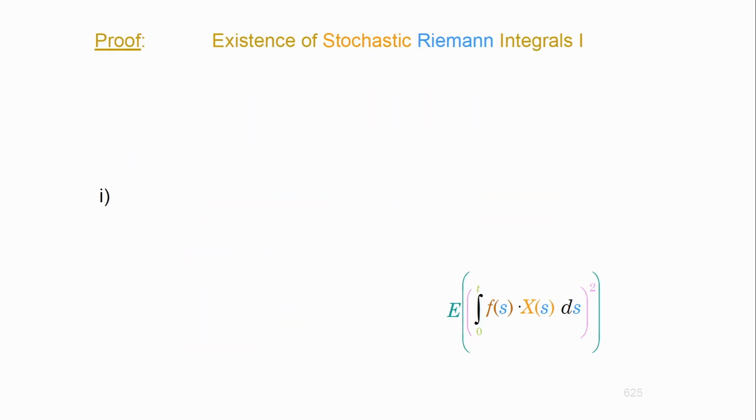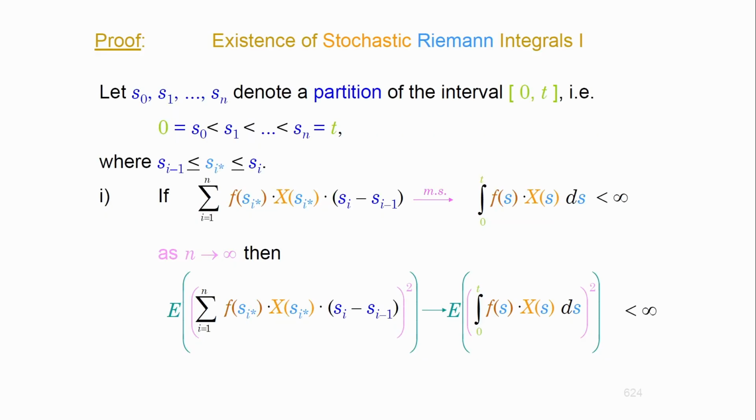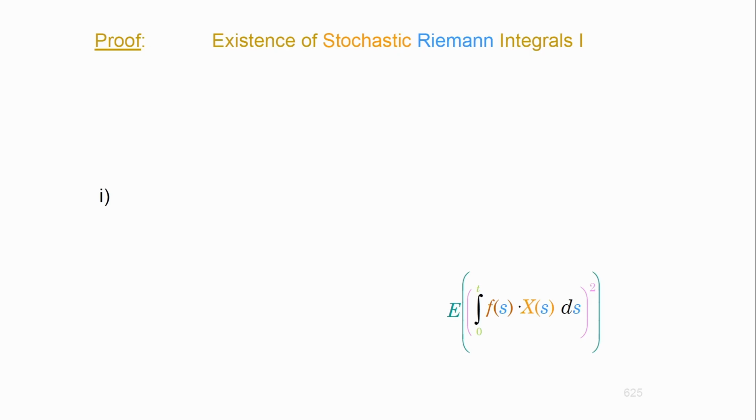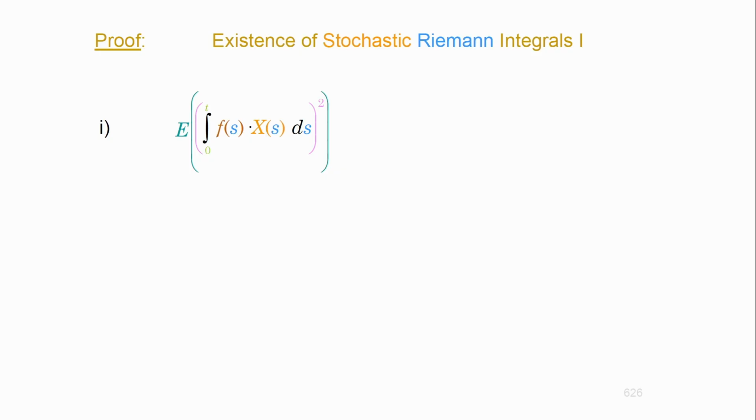And since it's finite, because otherwise you would not have mean square convergence, it implies that if the stochastic integral exists, then the double integral also exists. Okay, so that is going to be the issue.